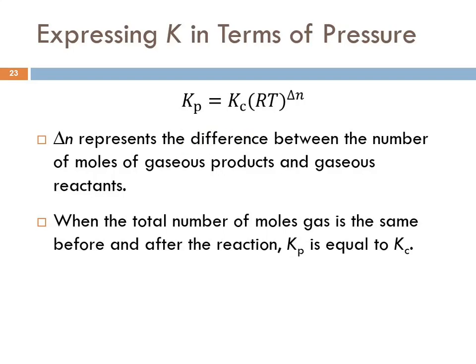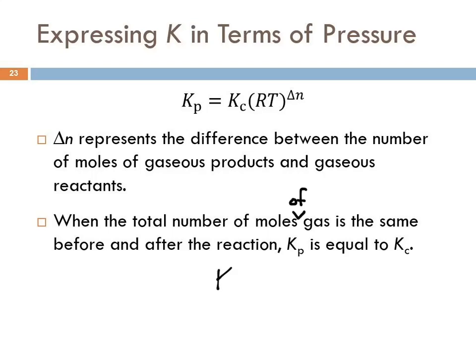So delta N represents the difference between the number of moles of products and reactants that are in the gas state. And when the total number of moles of gas is the same before and after the reaction, then Kp is equal to Kc.